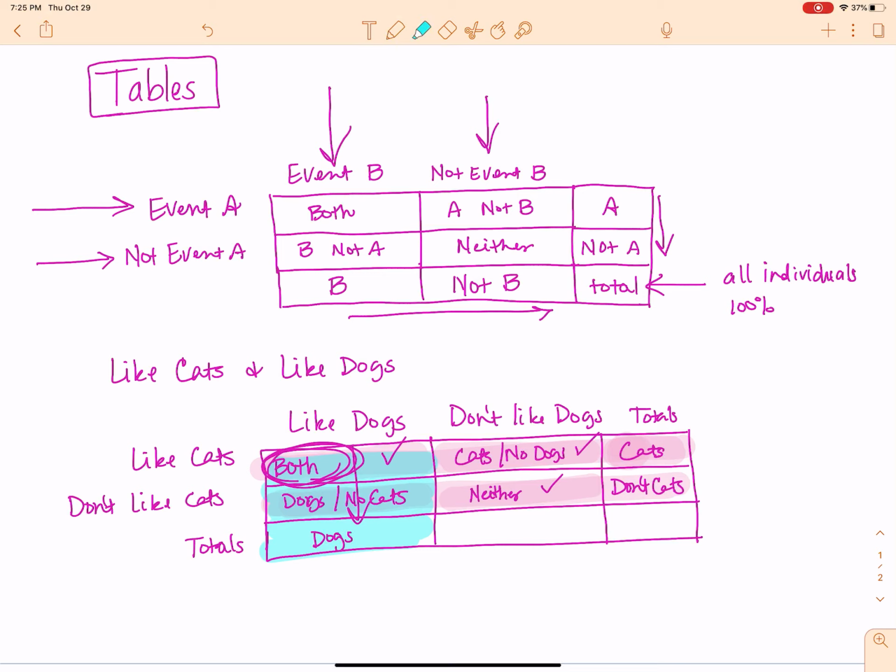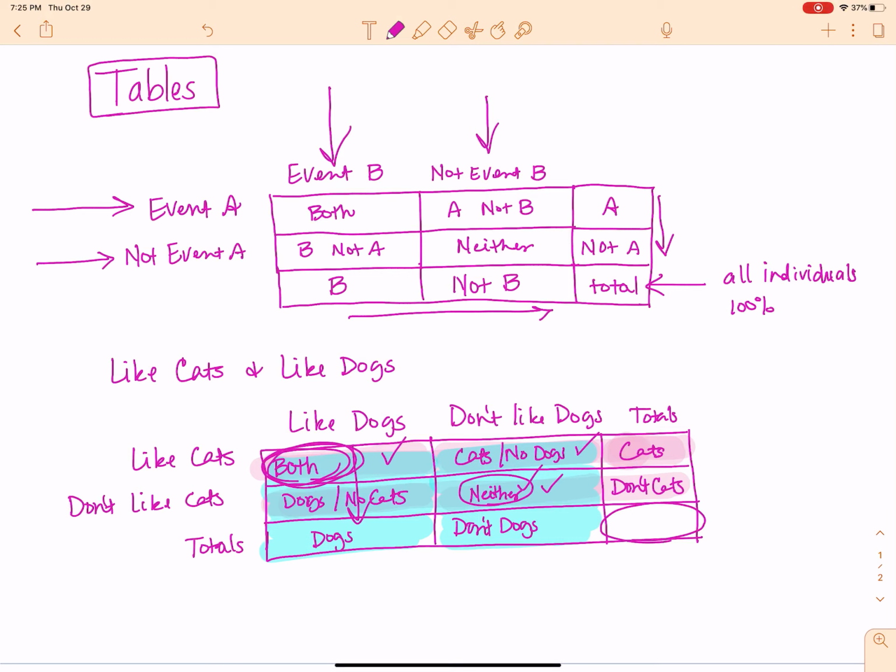In this column, all of these people don't like dogs. Some of them also don't like cats. So all of these people don't like dogs. It's just that some of them also don't like cats. And then, of course, you've got your total number of individuals over here.